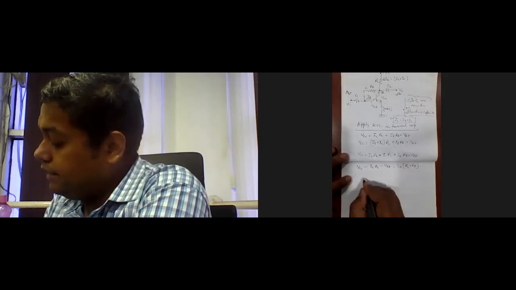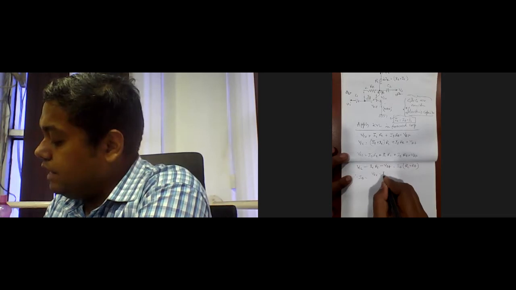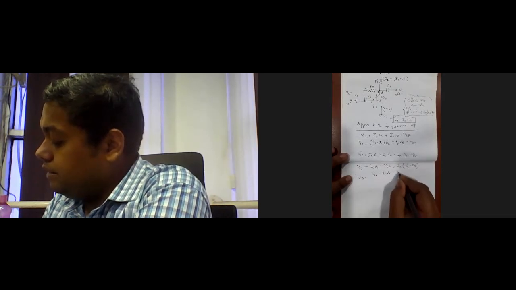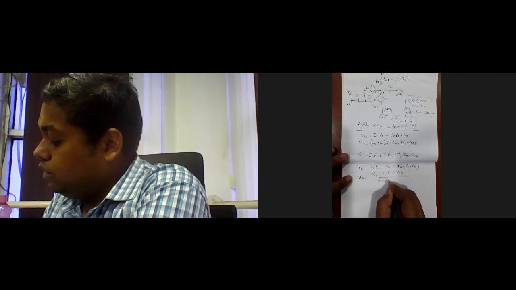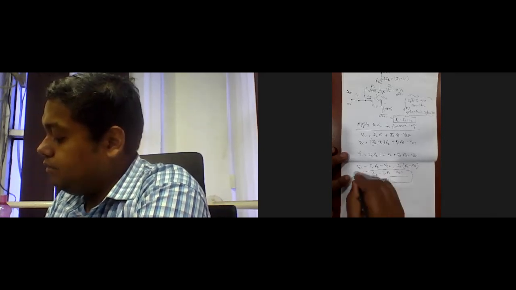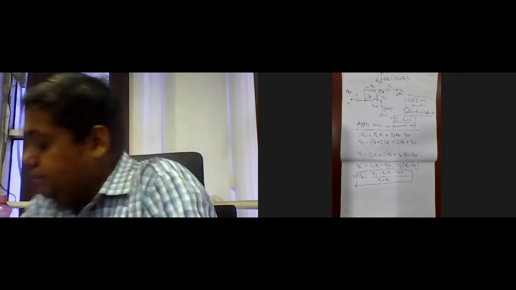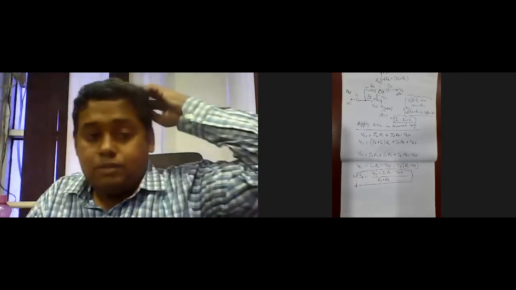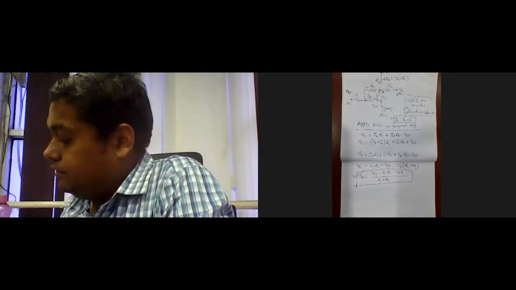So IB equals (VCC minus IC into RL minus VBE) divided by (RL plus RB). This is the base current equation for the collector to base bias circuit.